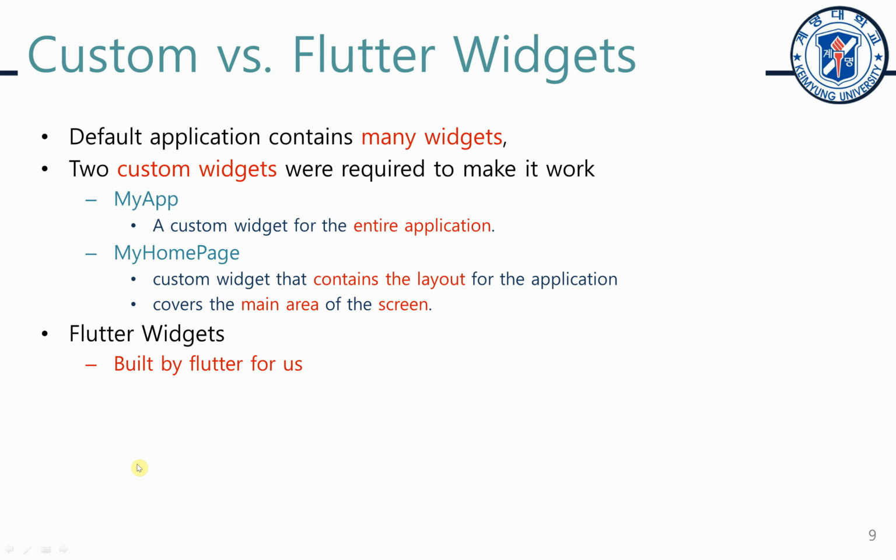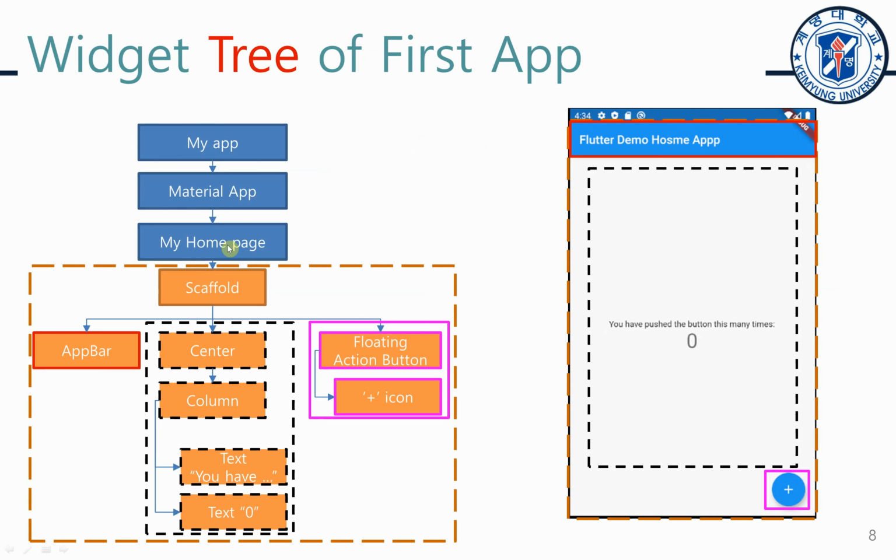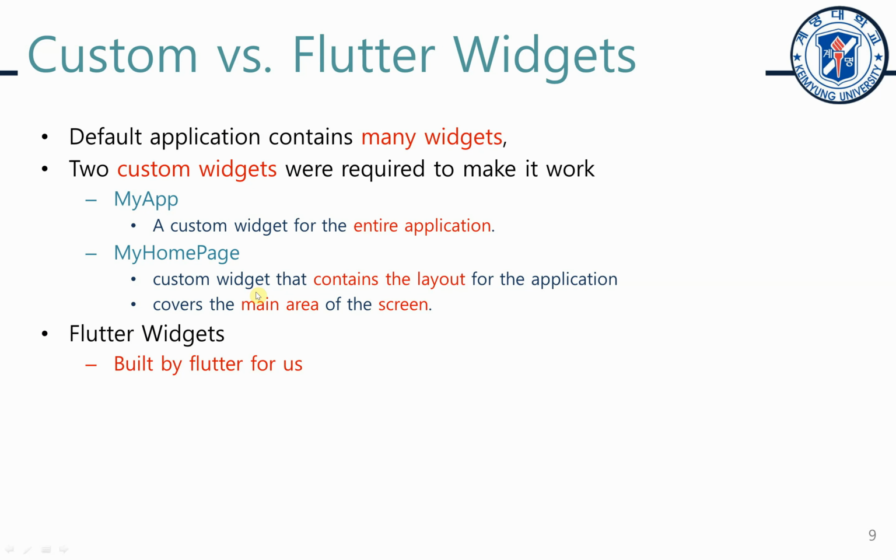So the default application contains many widgets, even as a beginning widget. It has 2 custom widgets, the MyApp widget and the MyHomePage widget. MyApp is the custom widget of the entire application, and MyHomePage contains the layout of the application and covers the main area of the screen.